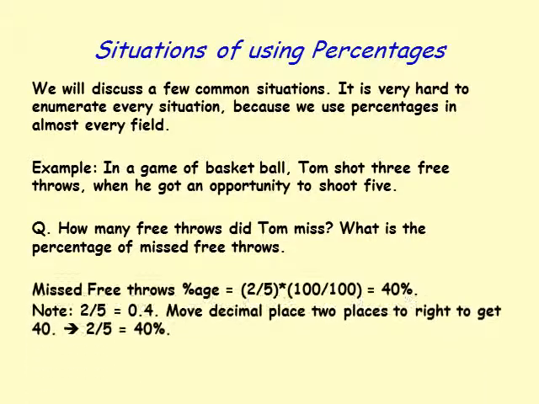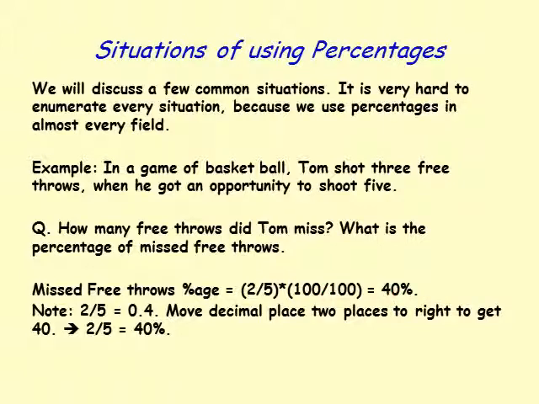The number of throws Tom missed is 2. He got the opportunity to shoot 5 and he shot 3. 5 minus 3 is 2. The missed free throw percentage: first of all, he missed 2 out of 5. That's the ratio of missed shots to all the free shots he got. Then we multiply and divide by 100, so that gave me 40 in the numerator and 100 in the denominator.